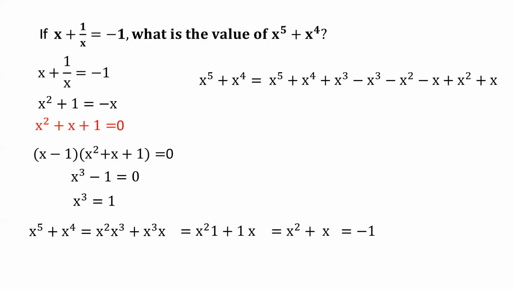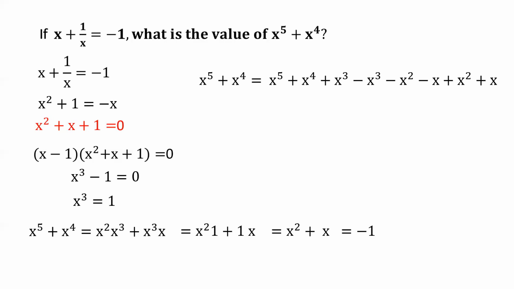So I can write this as x to the power 5 plus x to the power 4 plus x cubed. I've added x cubed, so to maintain parity, I subtract x cubed. And I now add another term, negative x squared, and one more, negative x. Then I have to add those back to maintain parity, so I have plus x squared plus x.